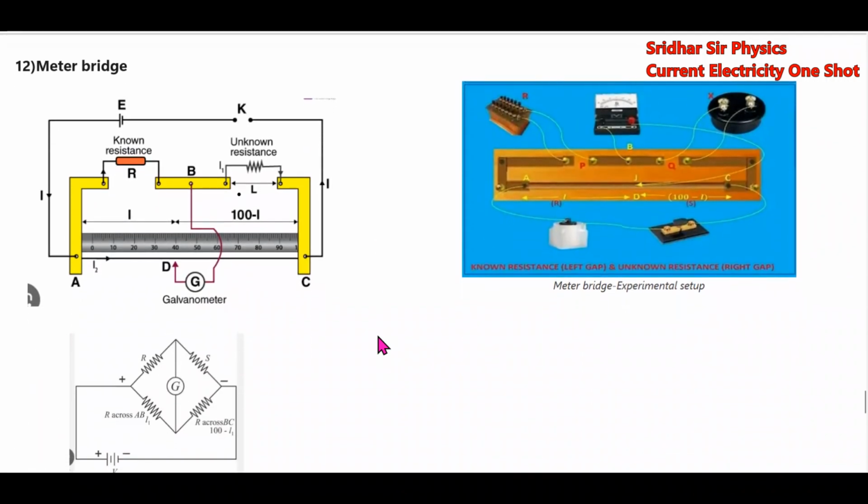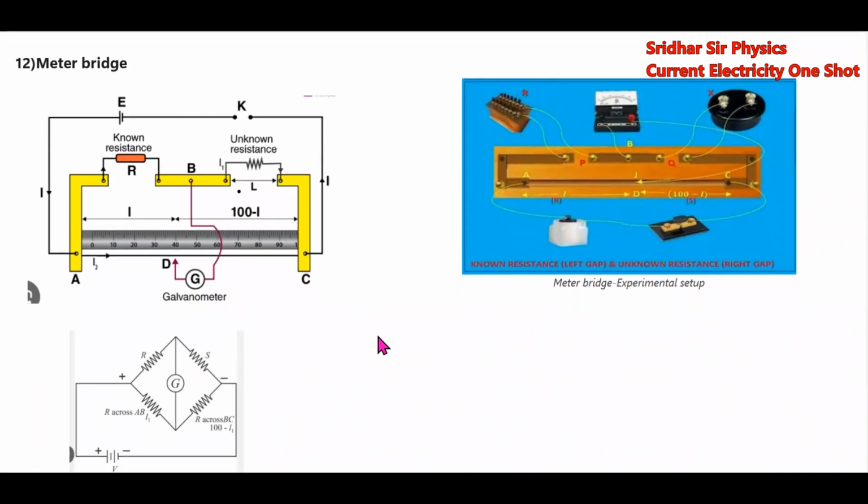We'll take the next concept. There's a meter bridge. It contains a meter scale here. Okay, everyone, I think you are looking at this scale. We have a meter scale. These are the connectors, metal strips.